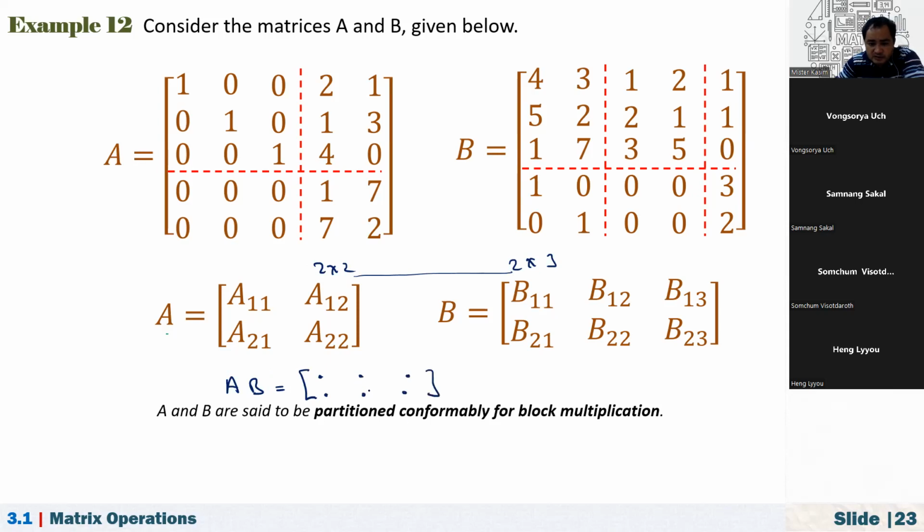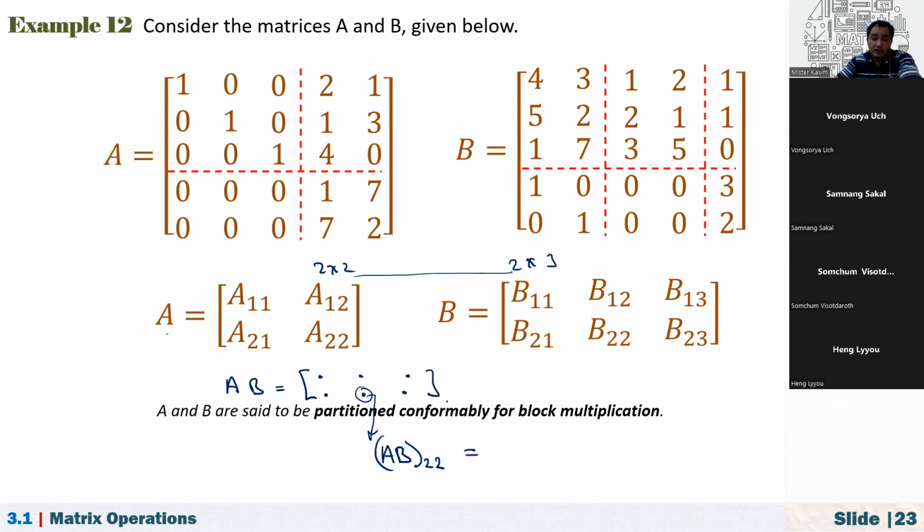So now if I take this one, for example, what is this element? Let me write it here. It will be the product of A and B, second row and second column.